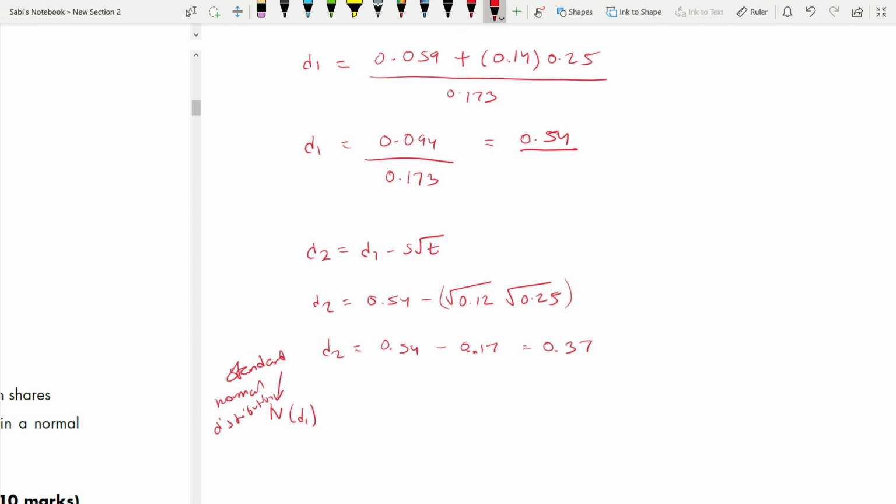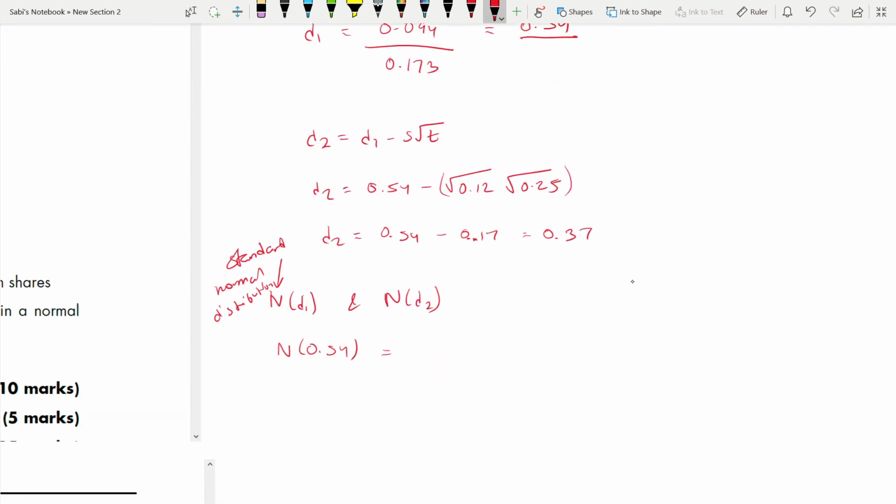So here ND1 and ND2. So that will be N of D1, which was 0.54, and N of D2, which was 0.37.